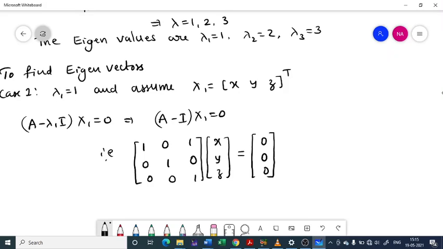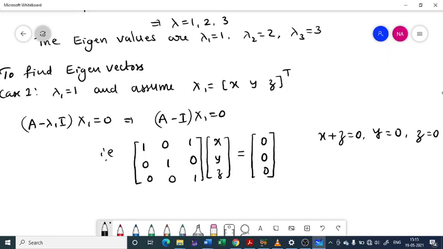So solving this, we get x plus z equal to 0 from the first equation. From the second equation you get y equal to 0, and the third equation gives x plus z equal to 0.